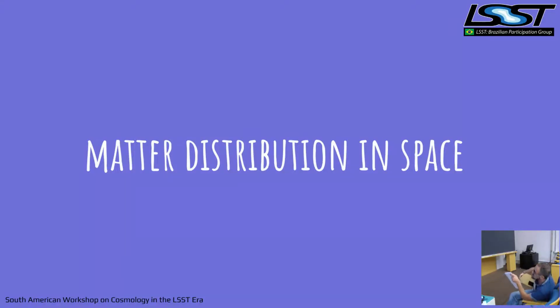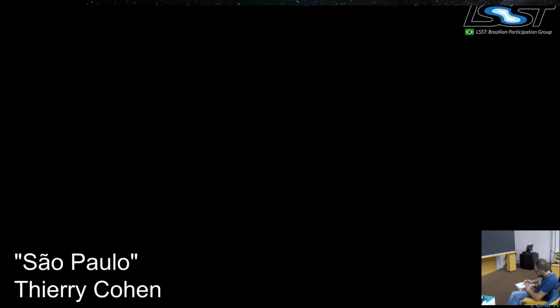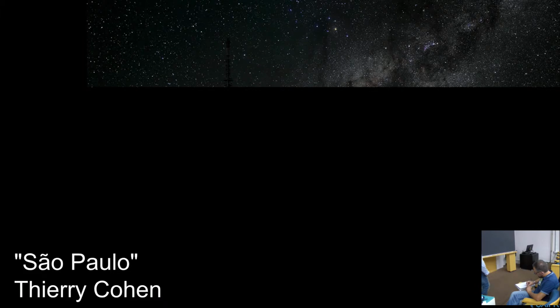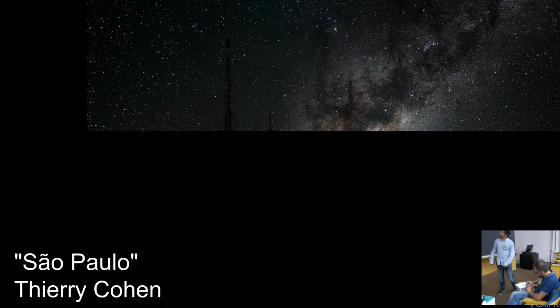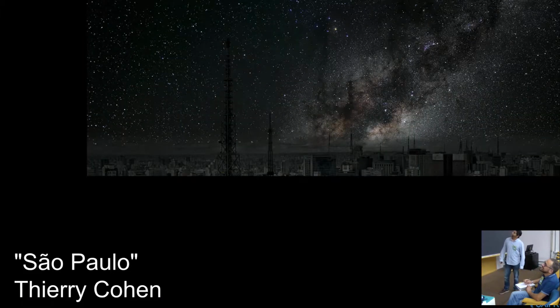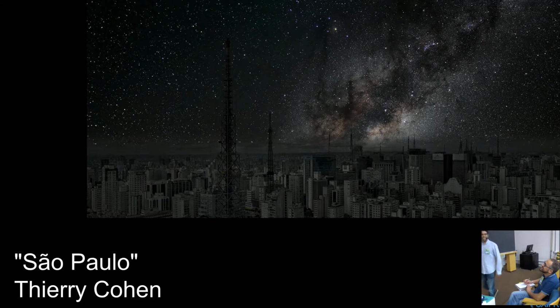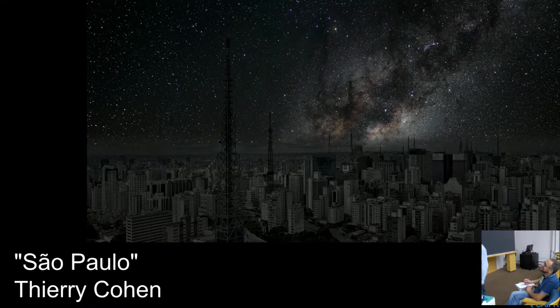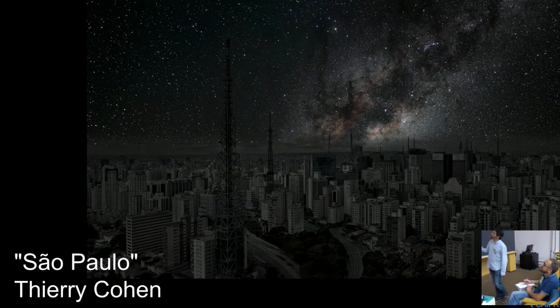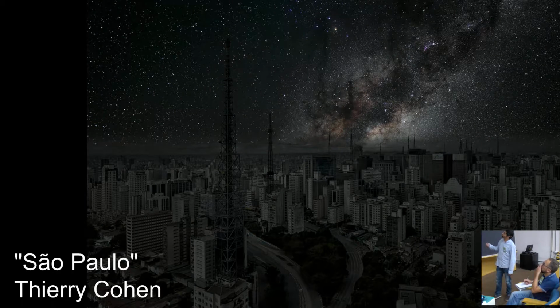how matter is distributed in space, taking a look at this beautiful image of a night sky in São Paulo. Of course, it's fantasy. It's a work by Thierry Cohen. If you didn't have light pollution in São Paulo, it would be great, right? This is what we would like.